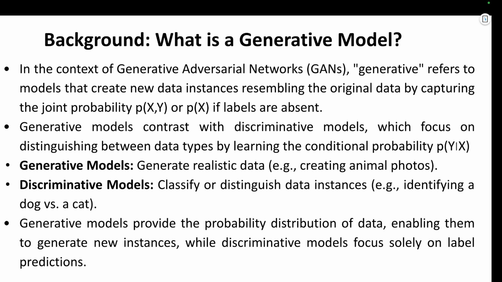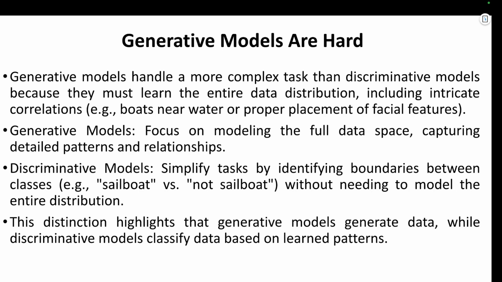Now generative models contrast with discriminative models, which focus on distinguishing between the data types by learning the conditional probability p of y given x. The generative model generates realistic data, whereas the discriminative model classifies and distinguishes data instances. A generative model provides the probability distribution of the data, that is the probability of generating the images, new instances, while a discriminative model focuses solely on label prediction, that is the classification of fake and real images.